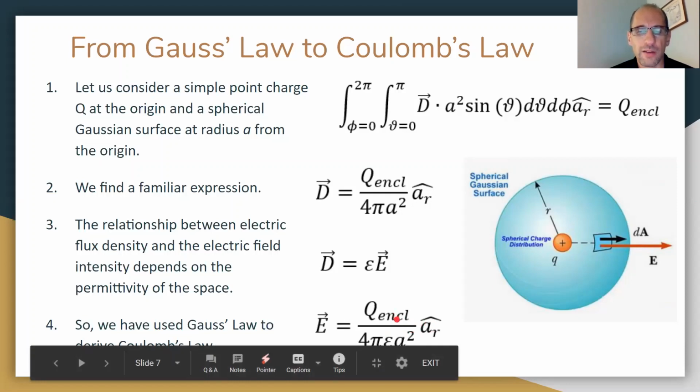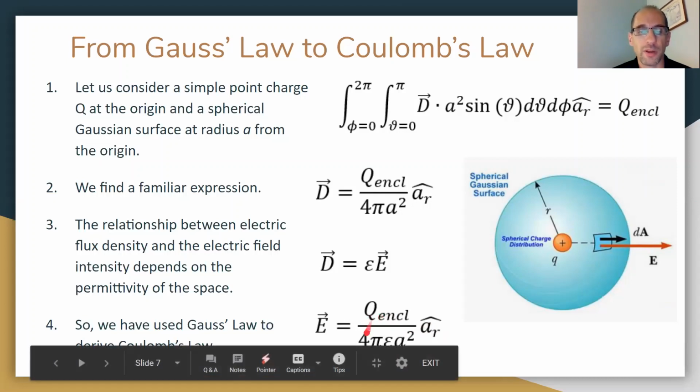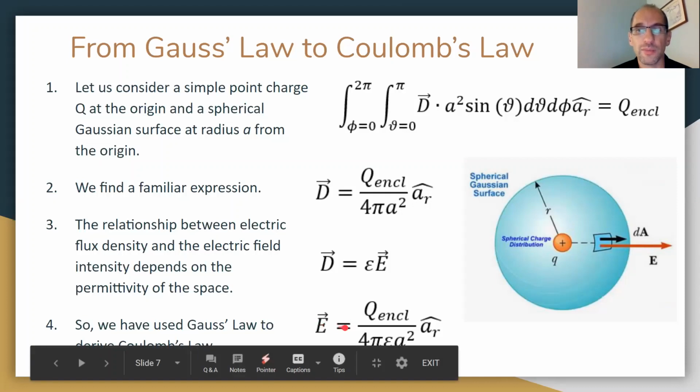So you have a charge, and as you go in the radial direction, around the charge there's established an electric field equal to the charge divided by 4 pi epsilon a squared, where a is the distance from the charge and epsilon is the permittivity of the space. That was Coulomb's experimental observation, but we're going to derive that from Gauss's law.